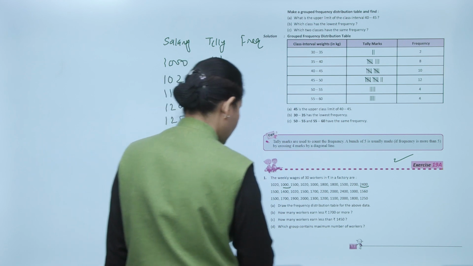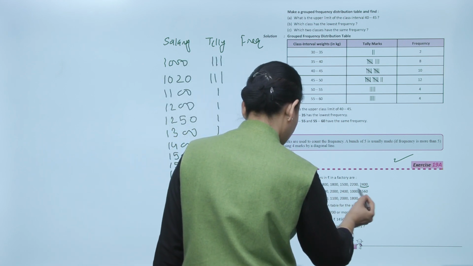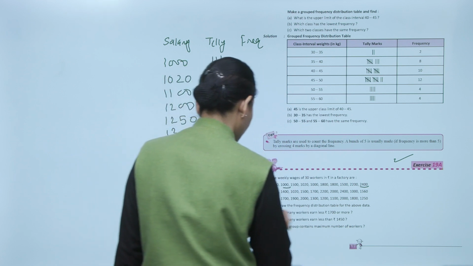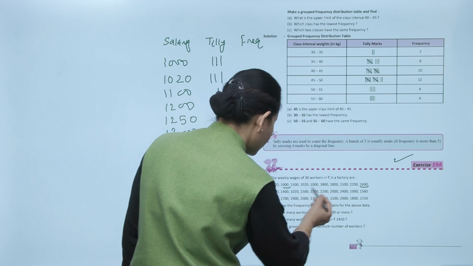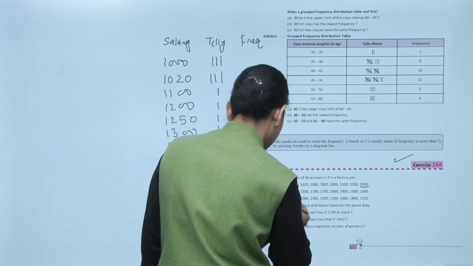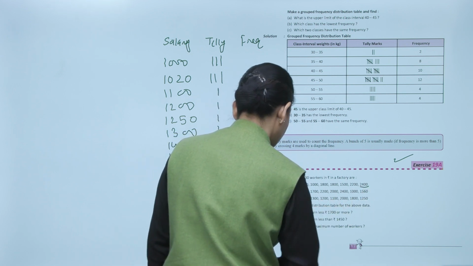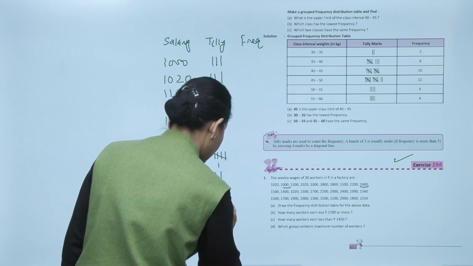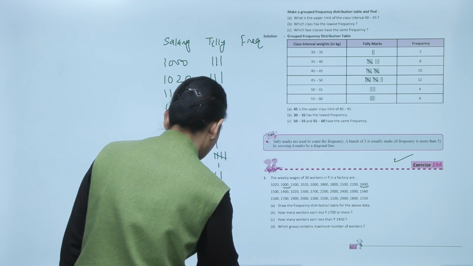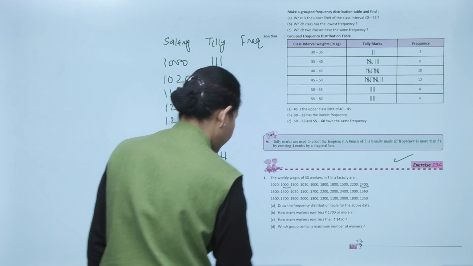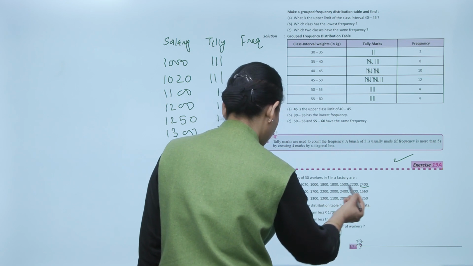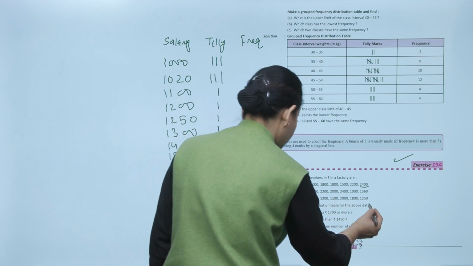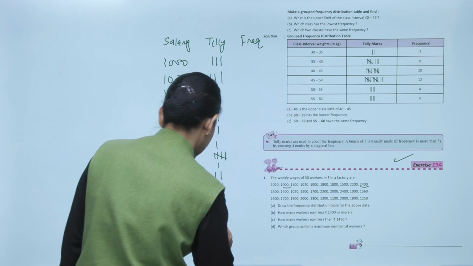1, 2, 3. Then 1900 is 1 time, and 2000 is 3 times. 2200 is 2 times, and 2400 is again 2 times.